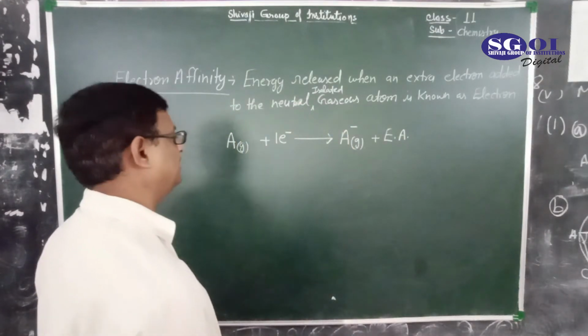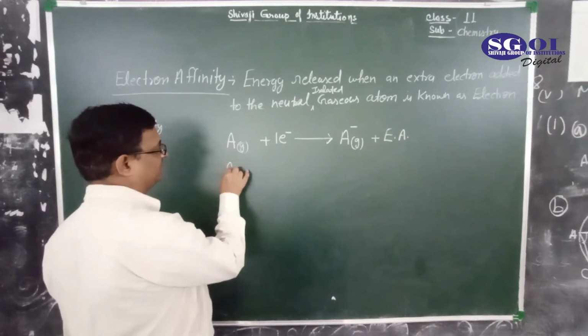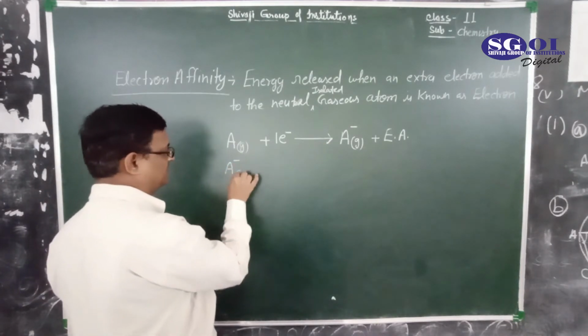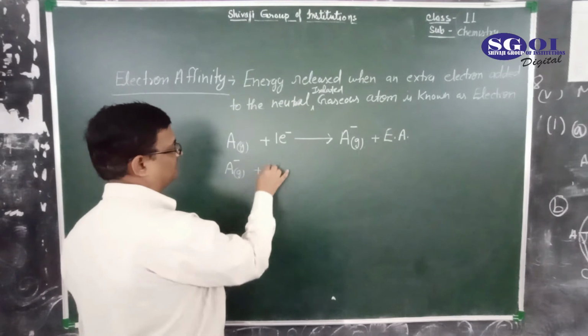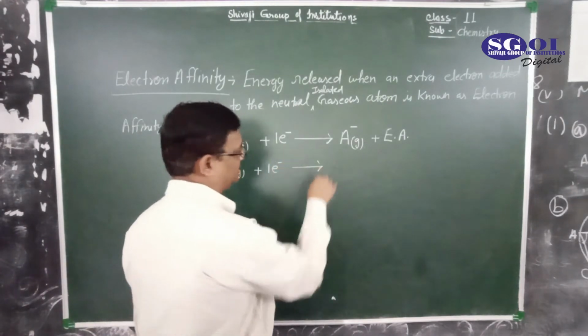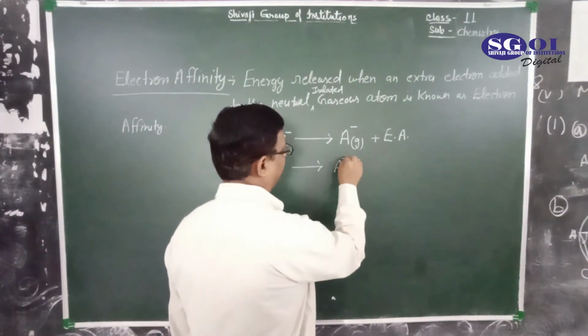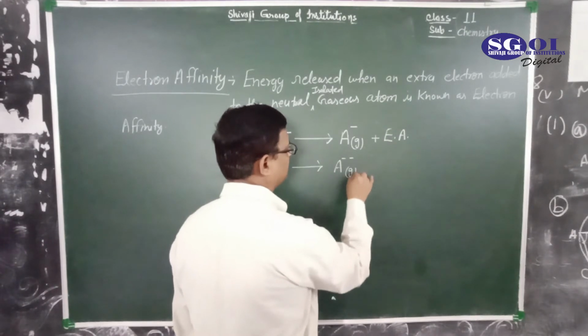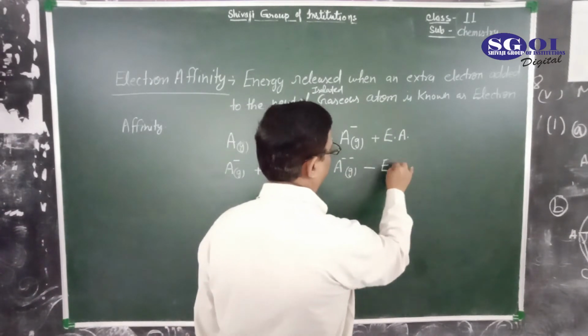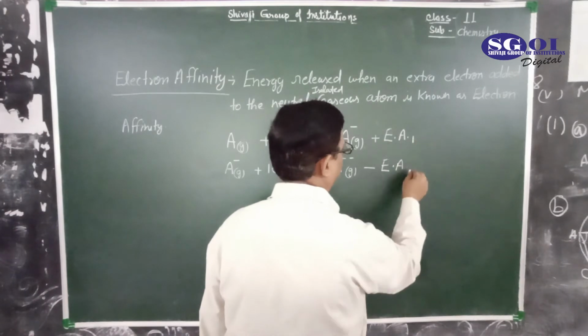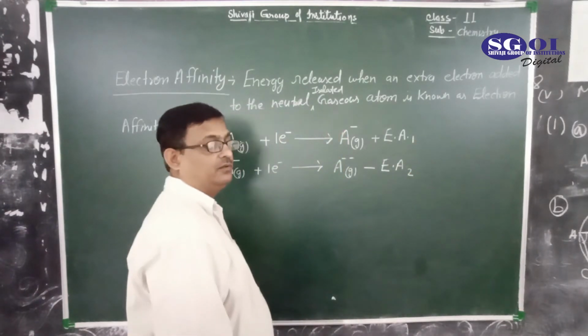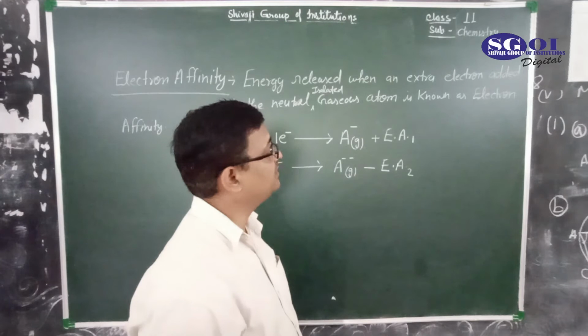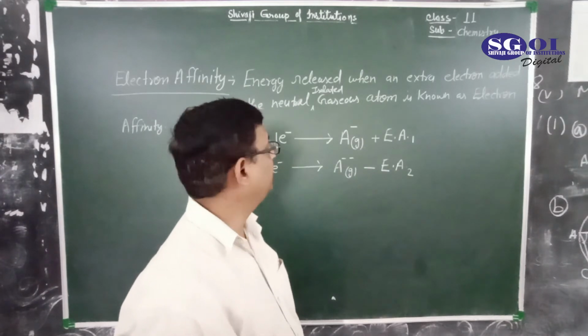Now one more electron is added to this gaseous anion. This forms a doubly negative gaseous ion, with a second electron affinity. This one is first, this one is second, just like successive ionization energy, here we have successive electron affinities.